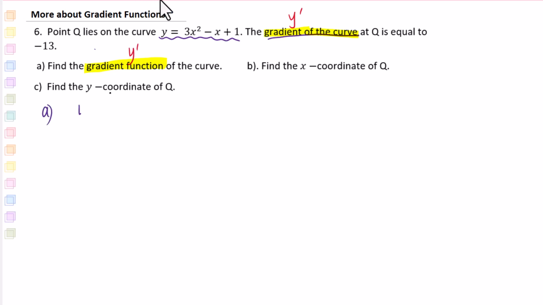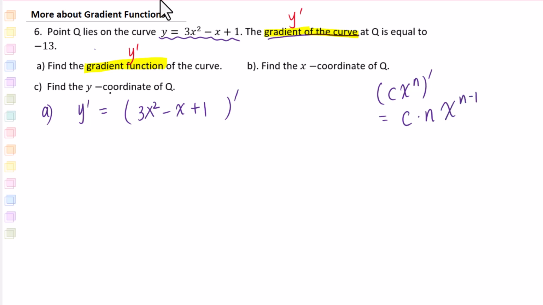So A, y prime equals 3x squared minus x plus 1 prime. We do know the power rule: x to the nth power prime equals c times n times x to the power of n minus 1. Keywords: drop down the exponent and make the exponent minus 1.